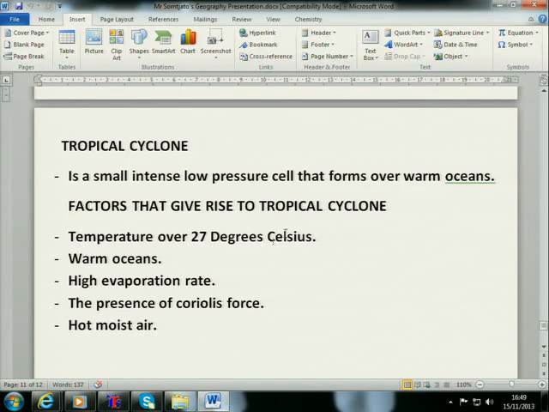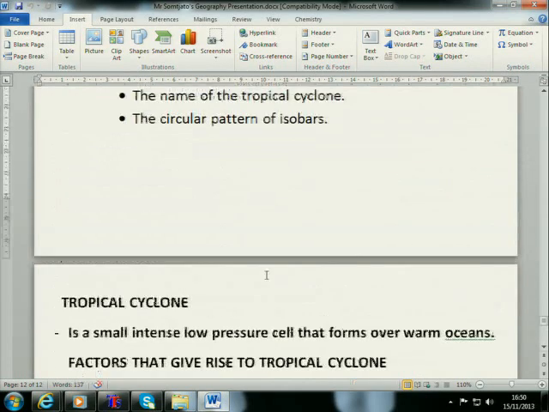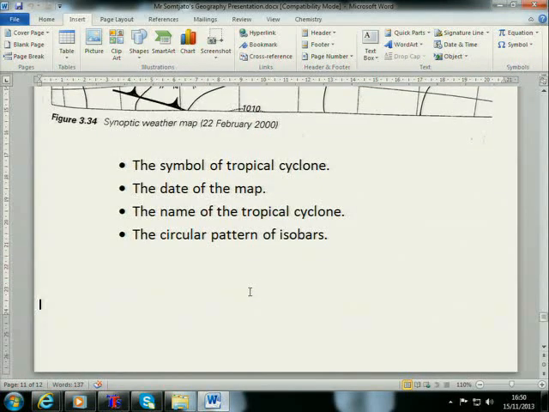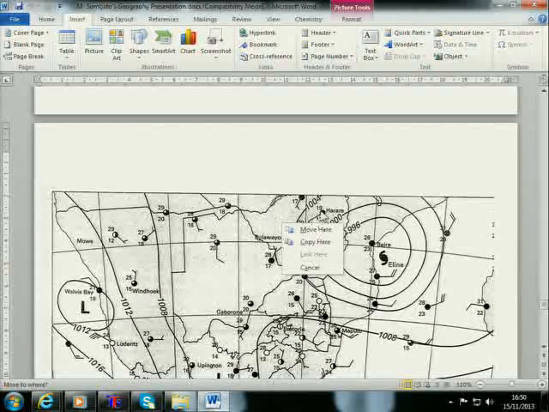Can we look at the characteristics of the tropical cyclones?